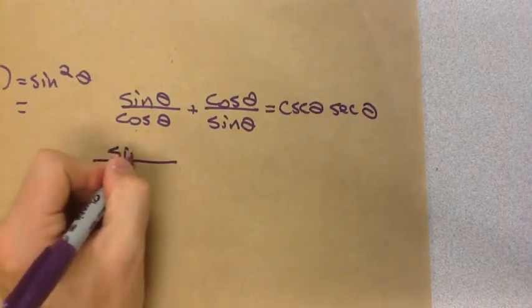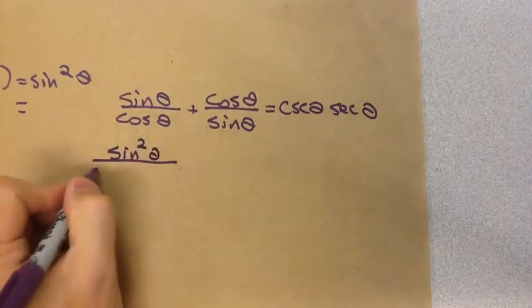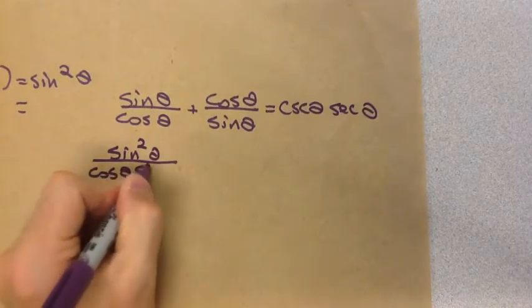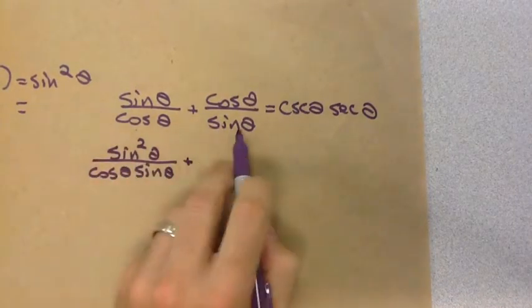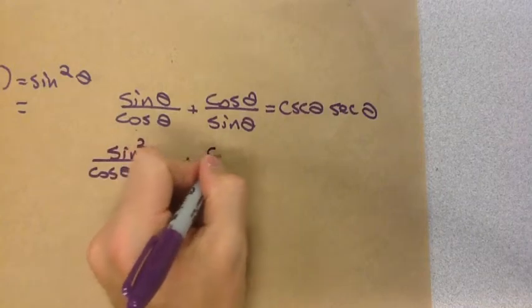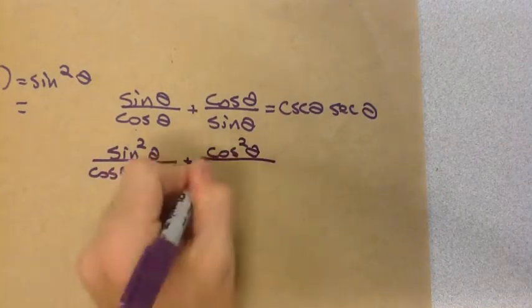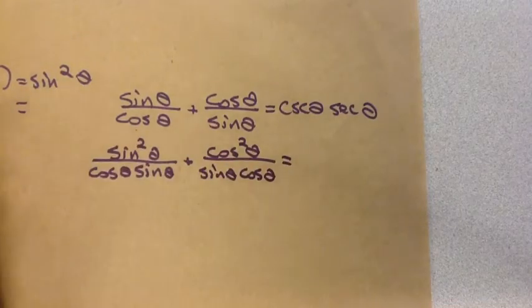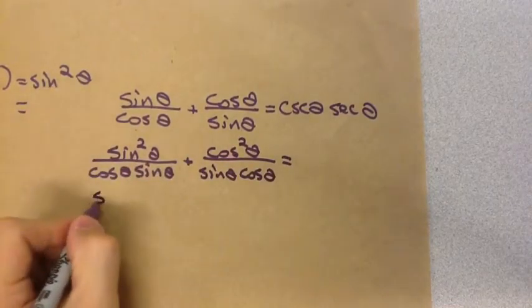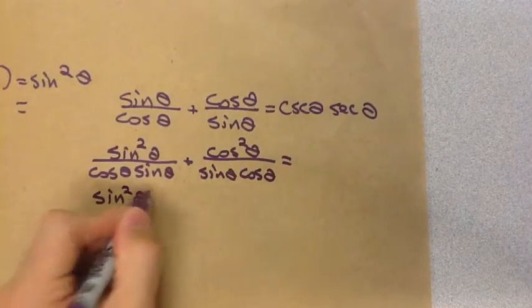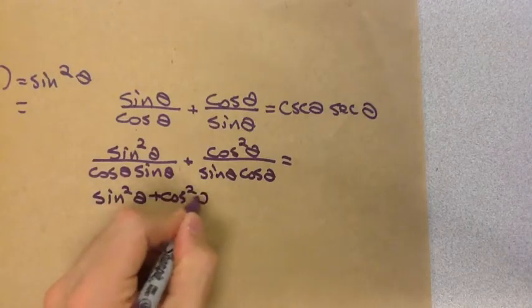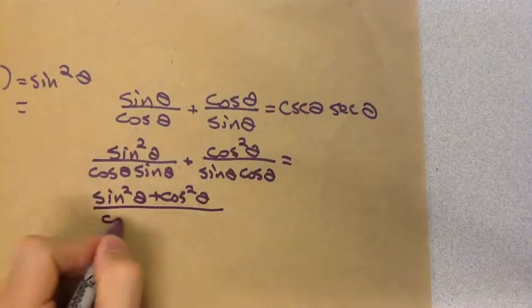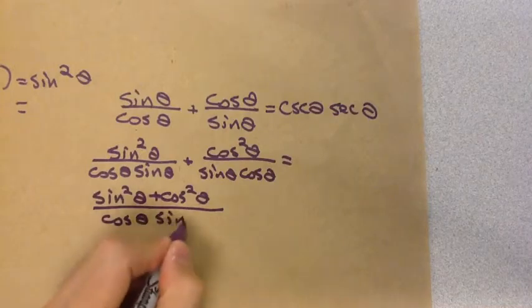So I'm going to multiply this fraction by sine, top and bottom. This becomes sine squared theta over cosine theta sine theta. And this fraction, I'm going to multiply the top and the bottom by cosine, giving cosine squared theta over sine theta cosine theta. Okay, now I can combine them, and my numerator is sine squared theta plus cosine squared theta over cosine theta sine theta.